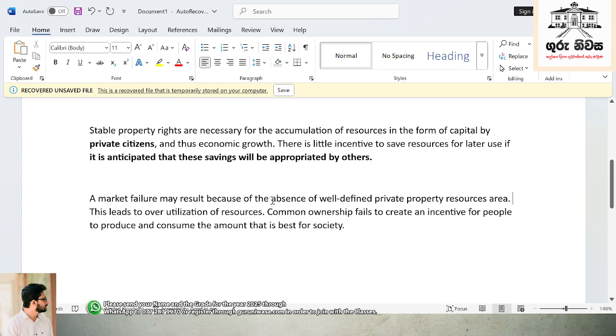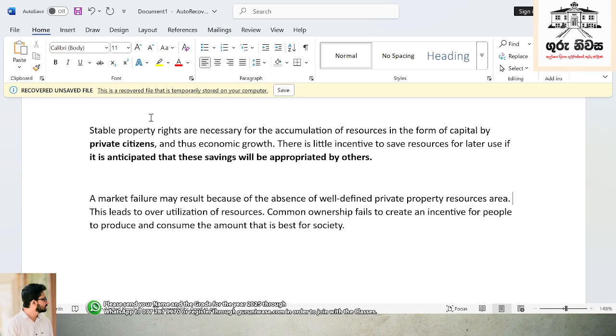The best example, look, is natural resources. Beaches, the Sinharaja forest, especially natural resources. We can say overutilization: people try to use them over and over again.